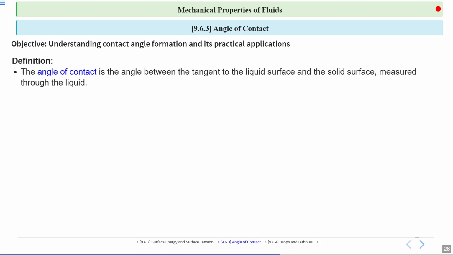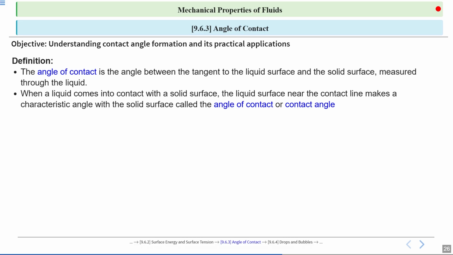The angle of contact is the angle between the tangent to the liquid surface and the solid surface, and we always measure it through the liquid. For example, if you imagine a drop of water sitting on a leaf, the angle is measured inside the water at the point where it touches the leaf. This angle helps us understand how much the liquid wets the surface.